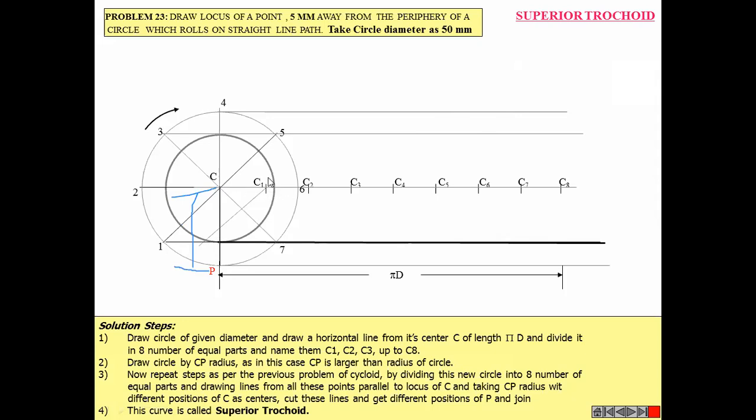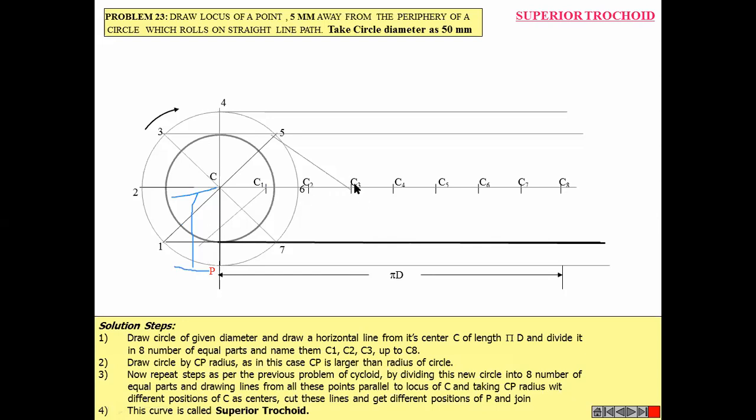Right now we are dealing with C1. So we will put the compass on C1 and mark an arc equal to this radius, from the center to the given point, on the first line. Then C2 to CP, it will be somewhere here. Then C3, the radius will remain the same in the entire problem, this much radius for arcing, CP.